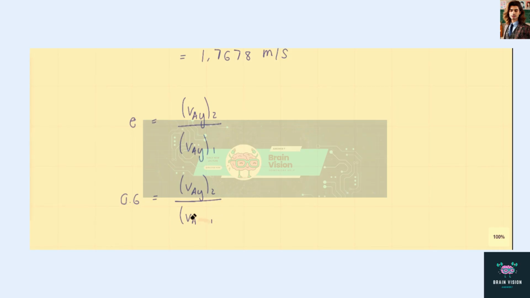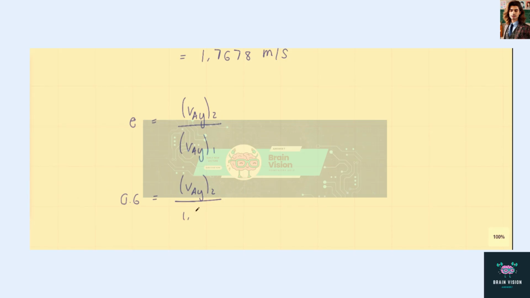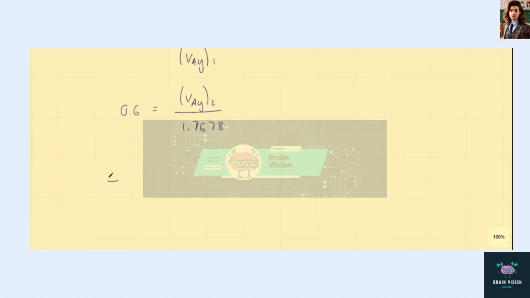Actually, VAY1 we have calculated already, so if we substitute that in, that's 1.7678. And so if we rearrange this equation, we get that the Y component of the billiard ball's velocity after it strikes point A is 1.061 meters per second to the left as we draw our diagram.